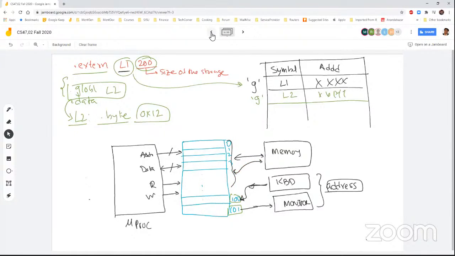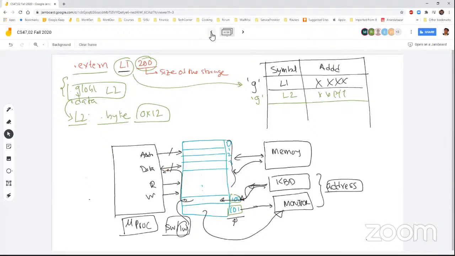So from the processor perspective, it is simply a load word, store word instruction. But if I do a store word on 101, some information will be displayed on the monitor. Or if I do a load word from 100, some data will be coming in and given to the data port on the microprocessor side.